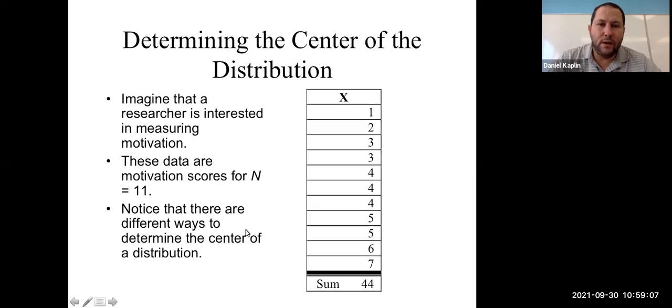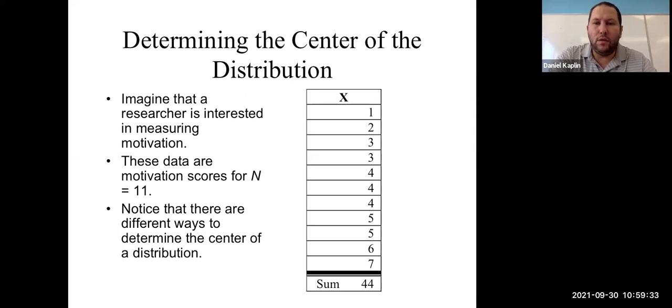All right, so let's imagine that we had a researcher who is interested in measuring motivation. Scores ranged from very low motivation, or 1, to very high motivation, or 7, on a measure.